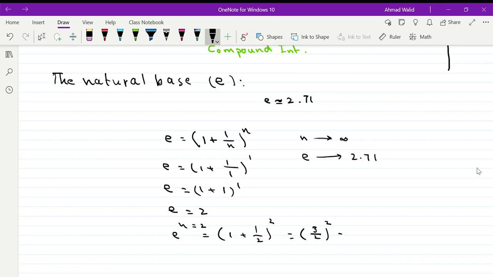If I square this, it gives me 9 over 4, and if you divide 9 by 4, it gives you 2.25. You see the first one is 2. As n is approaching positive infinity, this number is approaching 2.71.